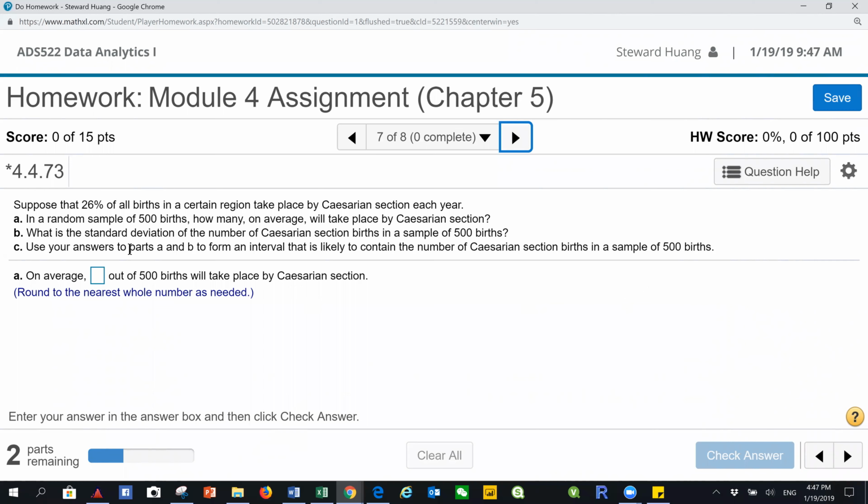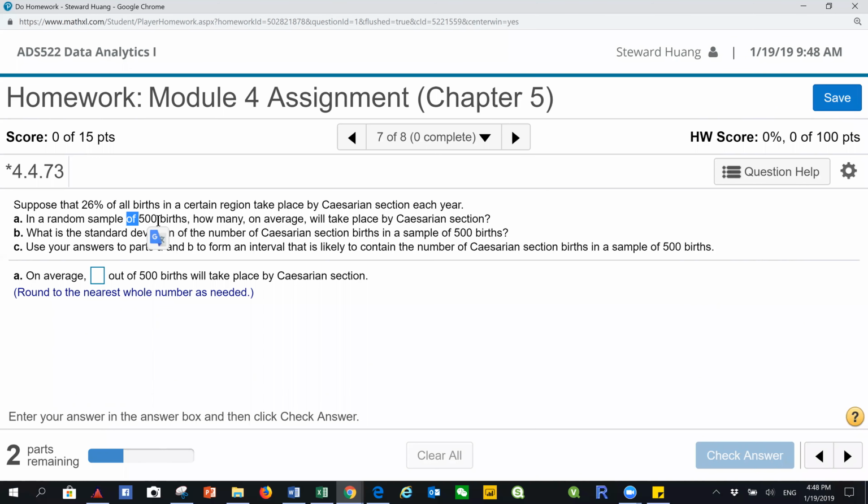By the formula. This is a binomial probability distribution, like tossing a coin 500 times, and each time the probability of success or head. If they do a C-section and we define that as a success, define that as a head, then the probability of that success is 0.26.